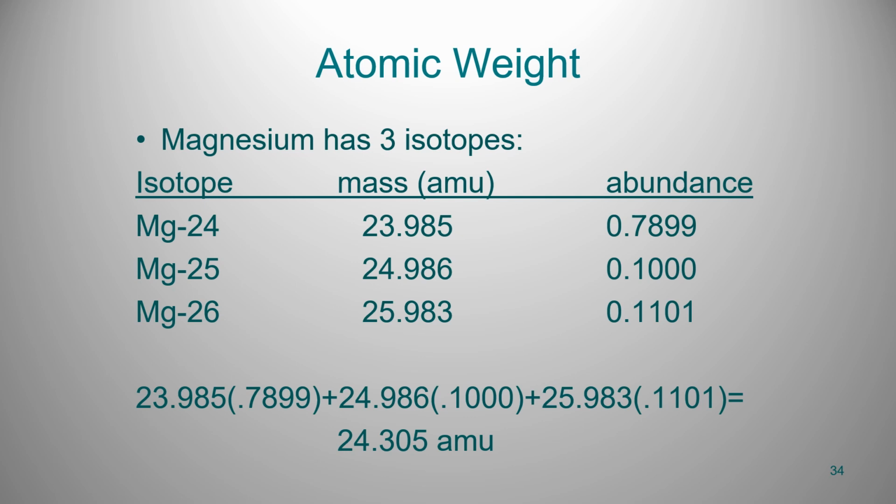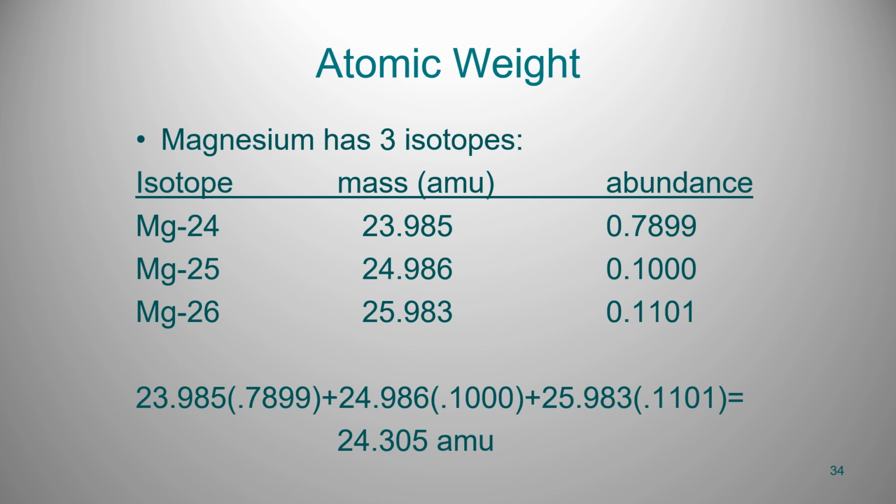Here's the abundance. Almost 79% is magnesium 24, 10% is magnesium 25, and about 11% magnesium 26. So right off the bat, you should note that the average should probably be closer to 24 than to 25 or 26. So we take the mass of the first one times its abundance. Make sure to use the abundance in decimal form. If you're given percentages, convert them to decimals first, or at the end, divide by 100 to convert.